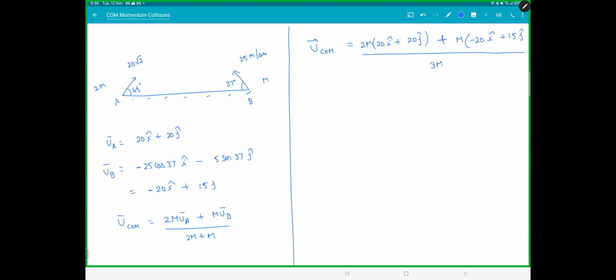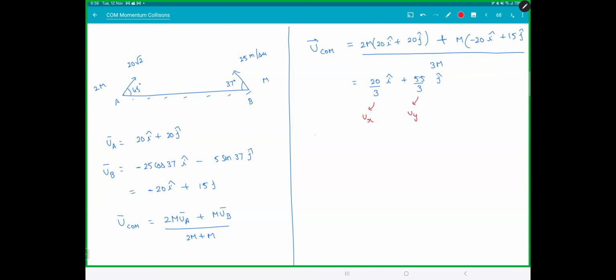M gets cancelled. This will be 2 into 20, 40 minus 20, 20 by 3 i cap. 2 into 20, 40 plus 15, 55 by 3 j cap. You can clearly see here, this is your x component and this is your y component.